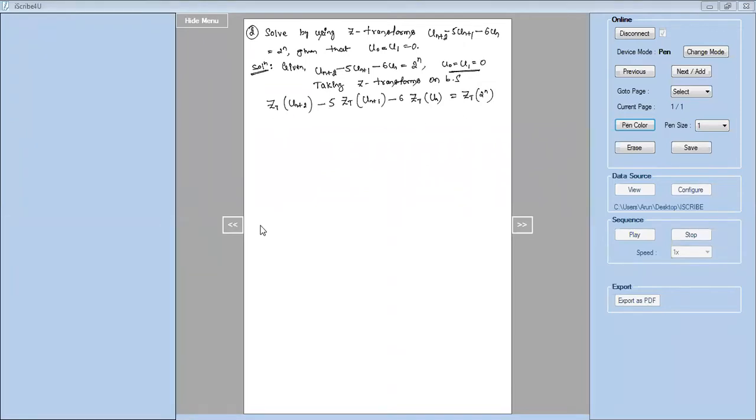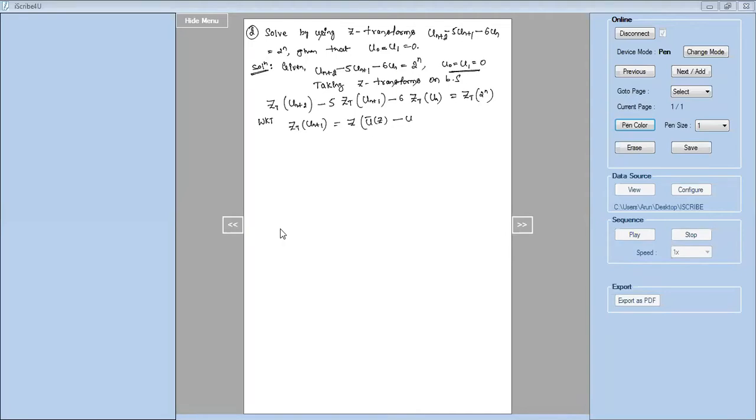Now we know the formula. What is the Z transform of u(n+1)? The formula is Z into u bar of Z minus u0, right?